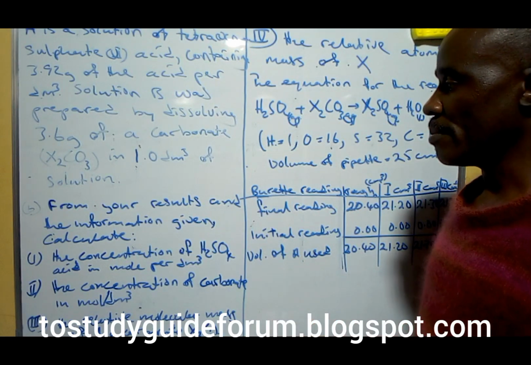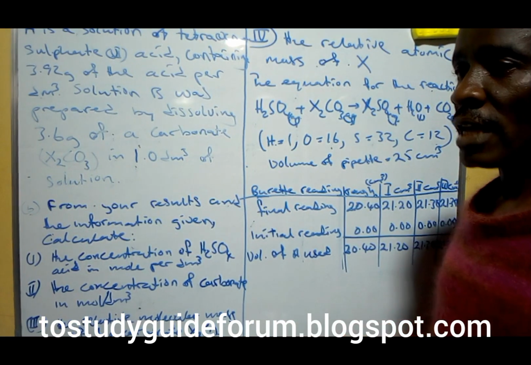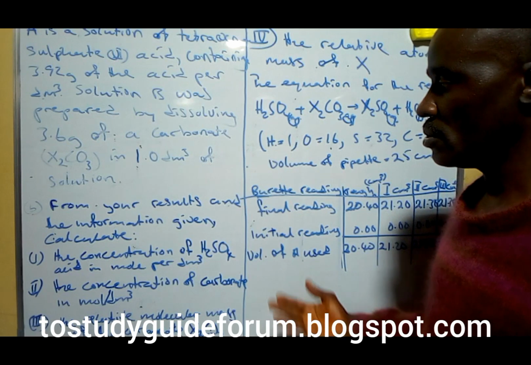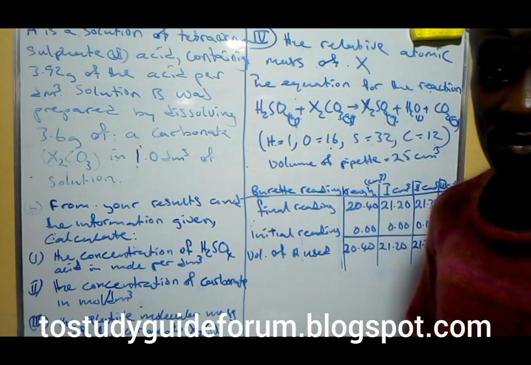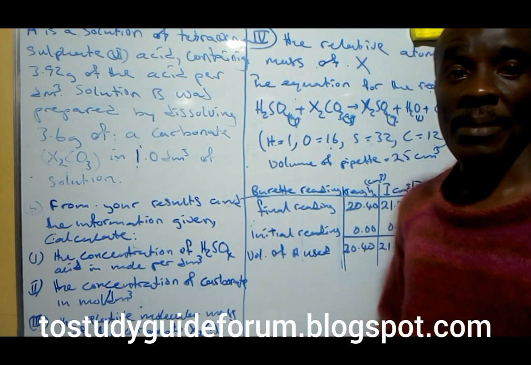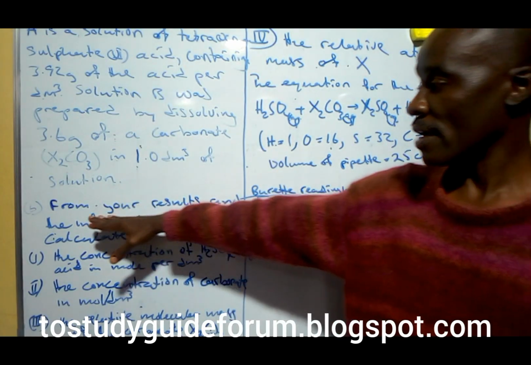Now, after the experiment, adding acid to the burette, titrating using 25 cm cube of the pipette, we arrive at this.